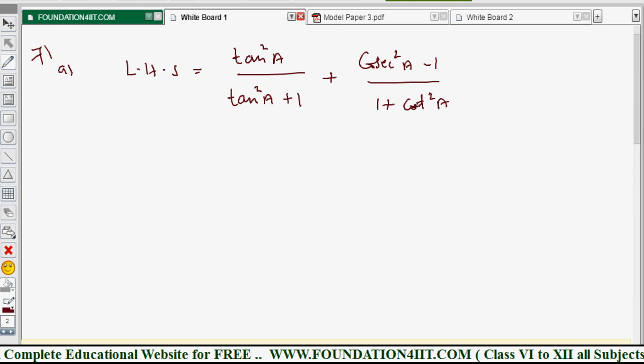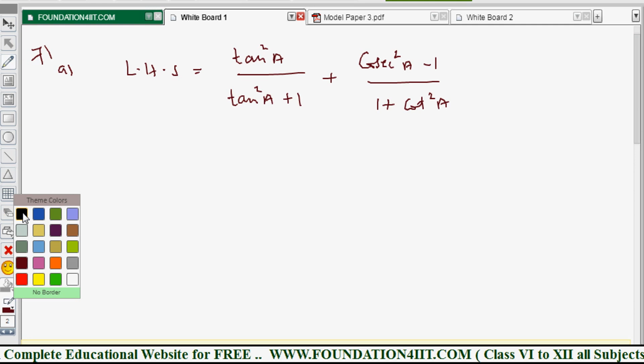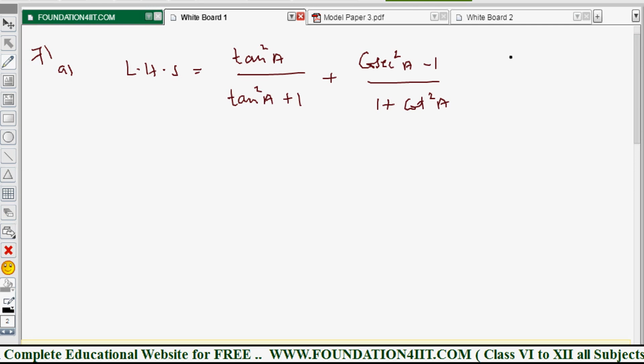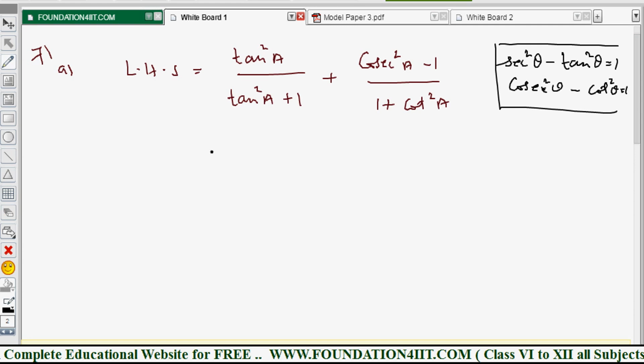And we know the formulas: sec square minus tan square is equal to 1, cosec square minus cot square is equal to 1. Let me write the formulas here. Two formulas: sec square theta minus tan square theta is equals to 1, trigonometric identities, and one more is cosec square theta minus cot square theta is equals to 1.